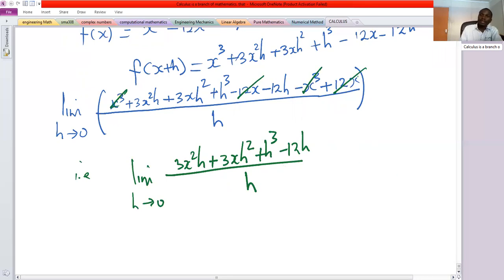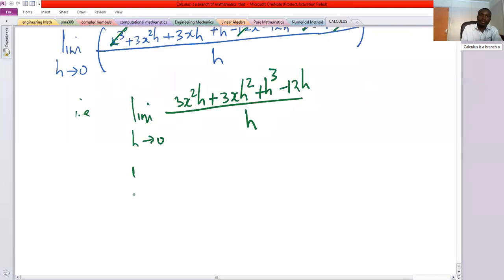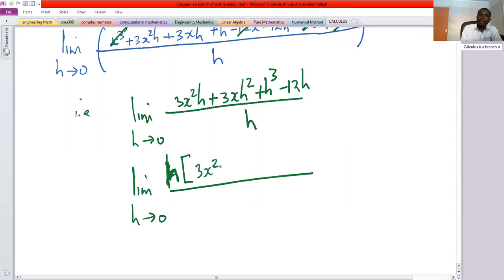Since all the terms in the numerator have h, we factorize out h. So we have h into 3x squared plus 3xh plus h squared minus 12, and then divide by h.